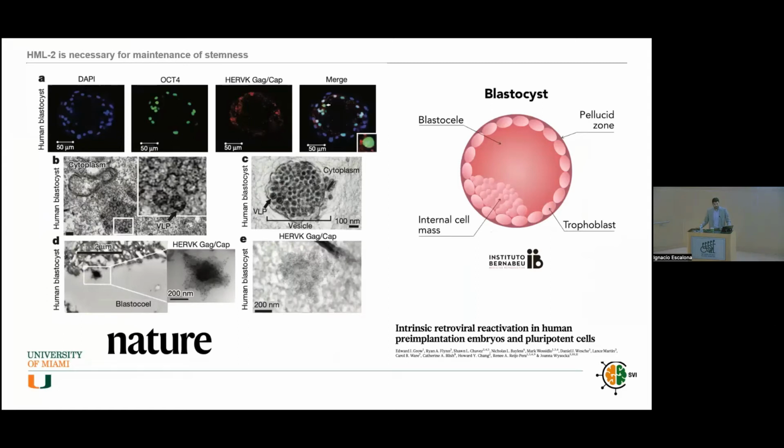This is a paper from Nature in 2014 by Grow, basically suggesting that in the blastocyst, in our 8-cell pluripotent state, you can actually see retroviral proteins being expressed on the surface of the blastocyst. Here you can see these viral-like proteins being produced, highly expressed with HERV-K envelope, this HML2 envelope, and they suggest that this envelope protein is essential for OCT4, a pluripotency transcription factor, expression.